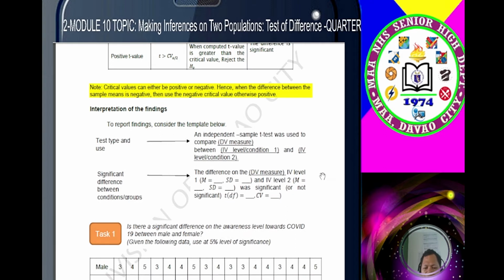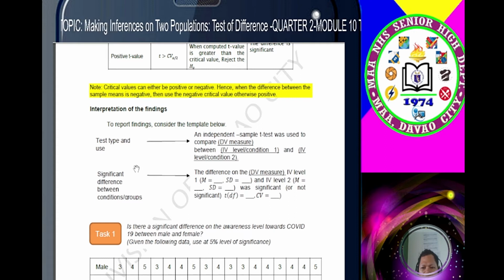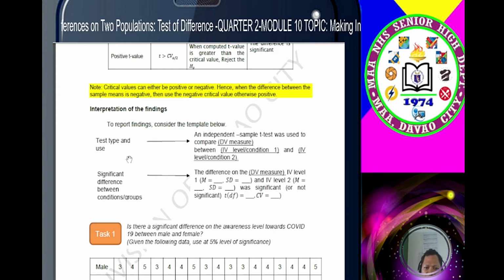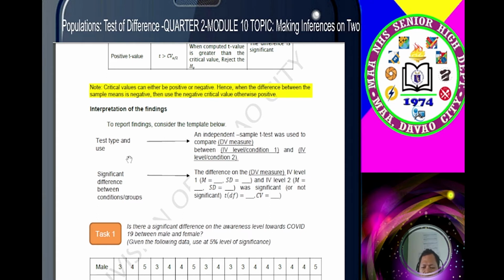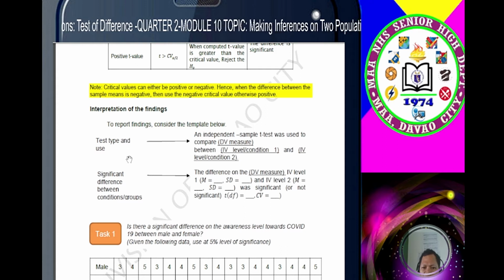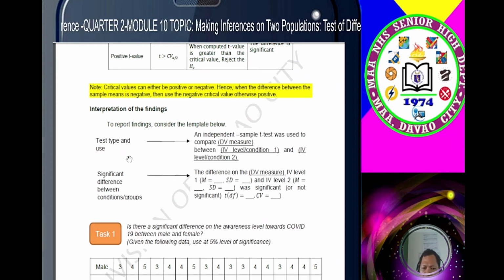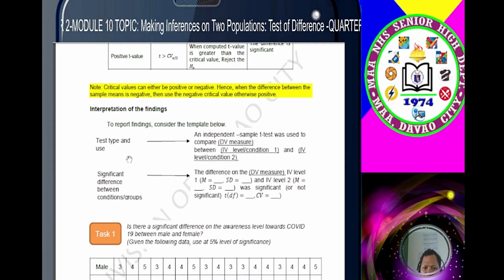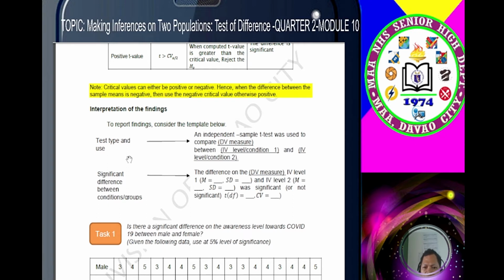And how to report the findings. To report the findings, consider the template below. So test type and use: the independent sample t-test was used to compare your DV between your IV condition 1 and IV condition 2, and whether there is a significant difference between conditions or groups in the DV measure and IV level.